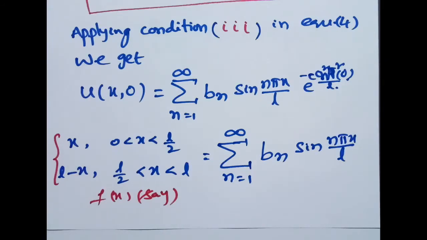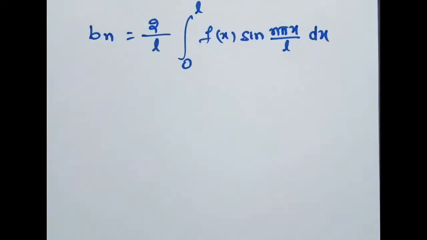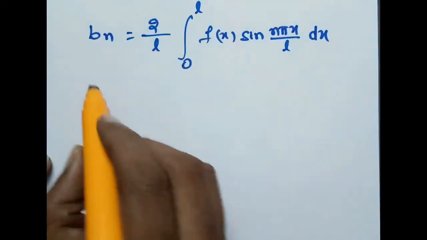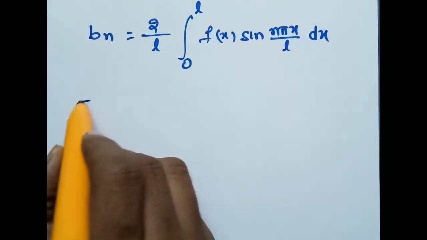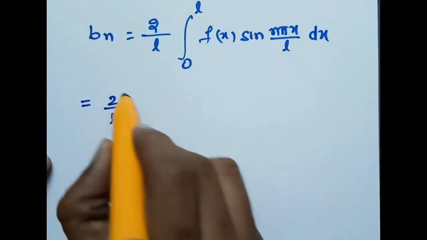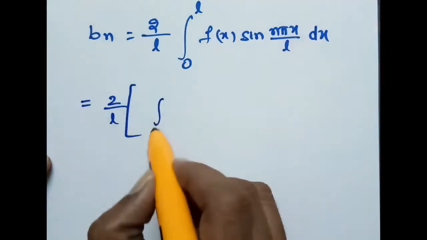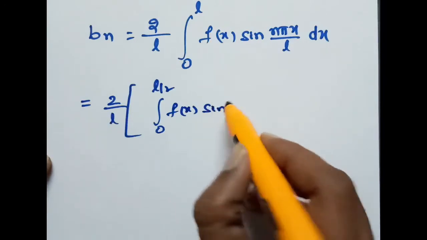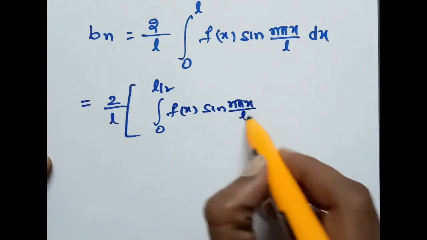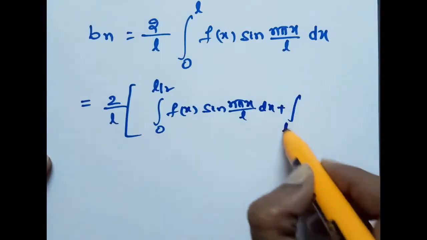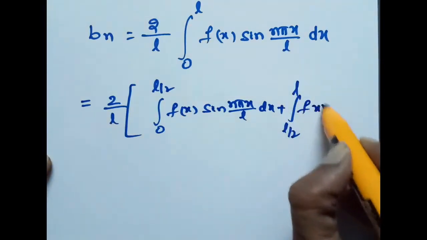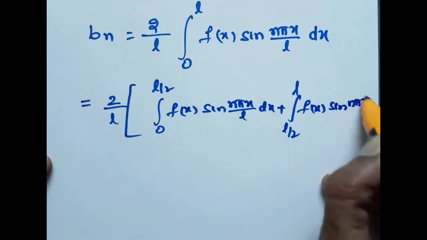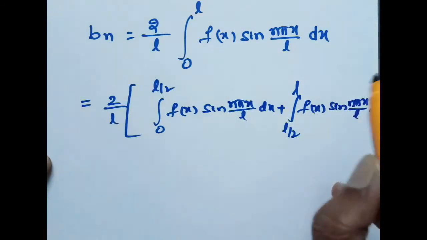Therefore, now substitute the value of f of x. This can be written as 2 by L into integral 0 to L by 2 f of x sine n pi x by L dx plus integral L by 2 to L f of x sine n pi x by L dx.